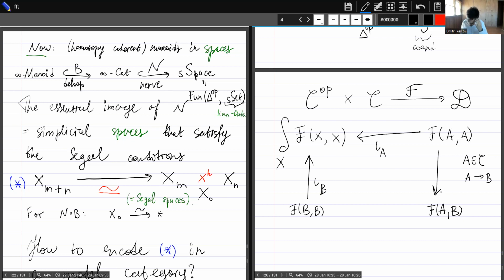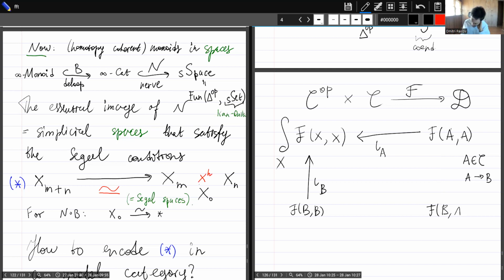Hope I got this right. Yeah, so it goes in the opposite direction.